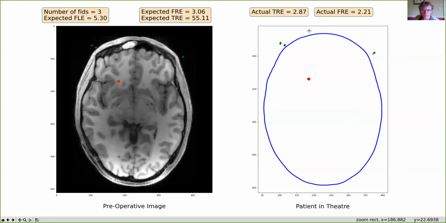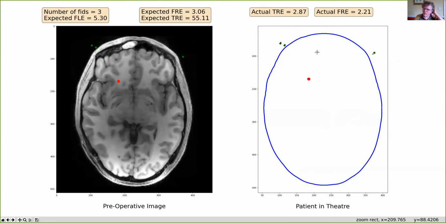And that's what the whole field of research on marker-based and more general registration is about, trying to understand how these algorithms work so that we can not just predict what the TRE is, but come up with a good way to communicate it to the surgeon in theatre so they can make decisions on treatment margins and things like that.